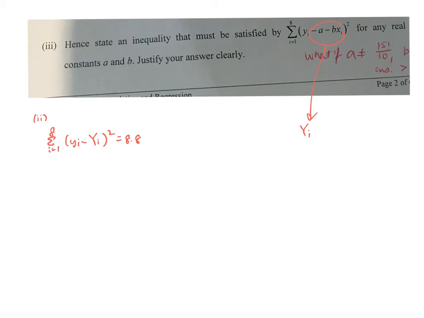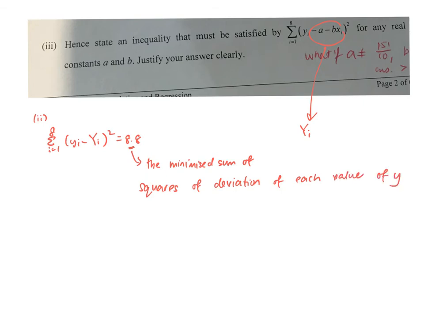And this is already the minimized sum of the squares of the deviations of each value of y in the data set from the value of y attained by the regression line.